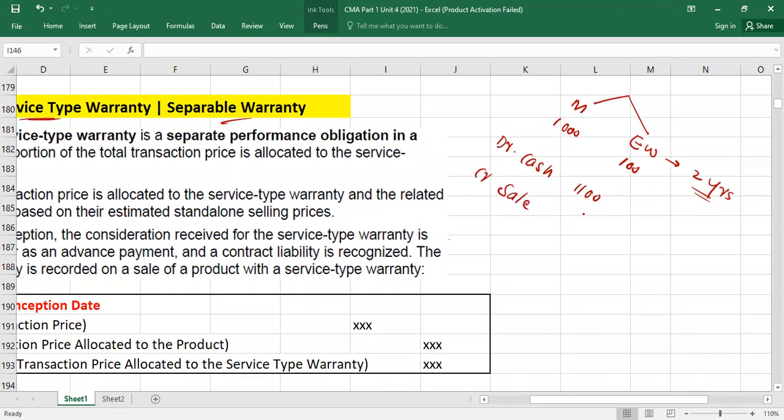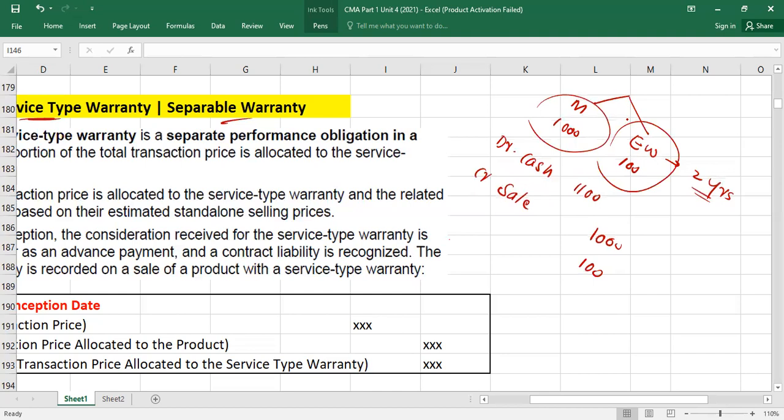Sales. Sales with what? Sales for only the mobile, because this is the only performance obligation which is satisfied because you have delivered the mobile. So you can book the sales of how much? $1,000. And what to do with this $100? This $100 is also your revenue, but not normal revenue. It is your deferred income. Which income?